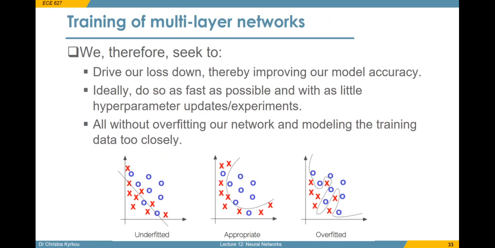So overall, what we want to do is to drive our loss function down so that we improve our model accuracy, and do it as fast as possible without overfitting to the dataset, that is, without learning all the different noise that may exist in the dataset.